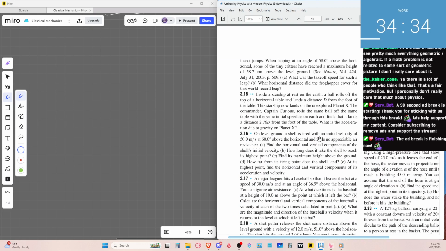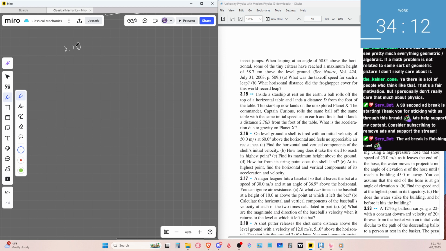Probably do a 2-1. Okay, let's do the one about the spaceship here. Let's write down the number we're working on. Inside a starship at rest on Earth, a ball rolls off the top of a horizontal table and lands a distance d from the foot of the table.